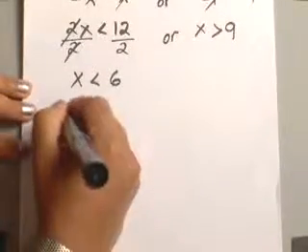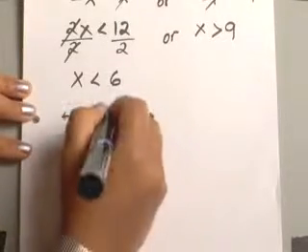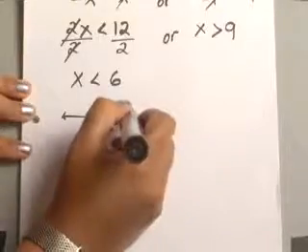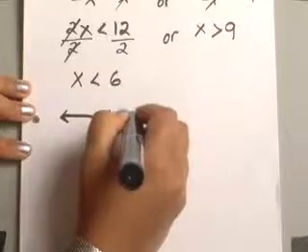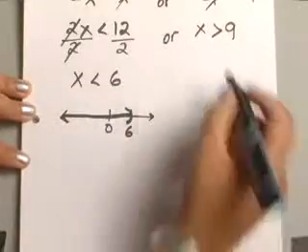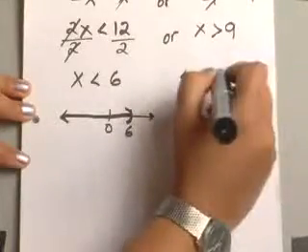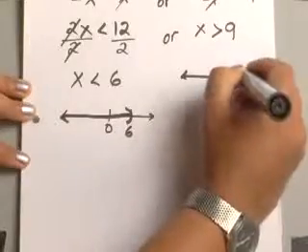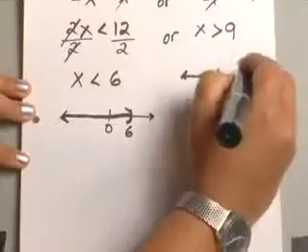If we look at this as a graph, when you say x is less than 6, you are saying all the values that are less than 6 right here, and not including 6, of course. When you have x greater than 9, if you look at that graphically, you will have all the values of x which will be greater than 9, not including 9.